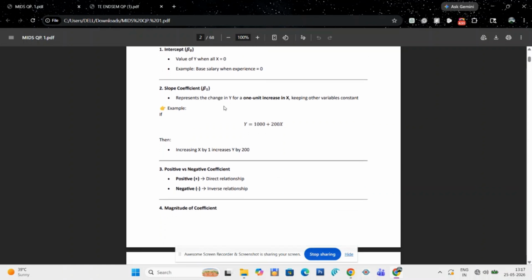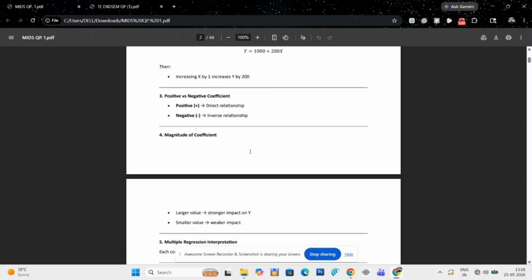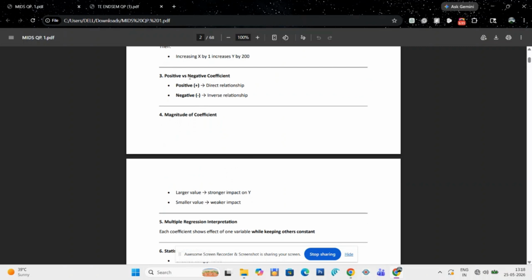Second is the slope coefficient. b1 represents the change in the dependent variable for a 1 unit increase in x, keeping other variables constant. For example, if y is equal to 1000 plus 200x, then increasing x by 1 increases y by 200. Third is positive versus negative coefficient: a positive coefficient means a direct relationship, and a negative coefficient means an inverse relationship.